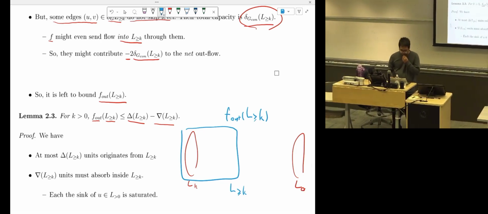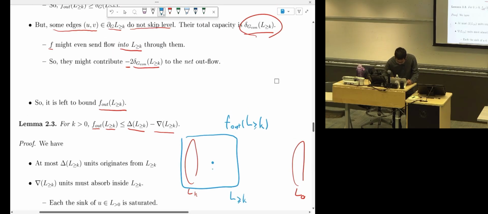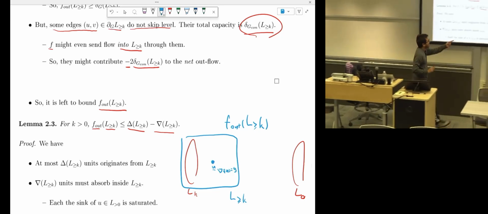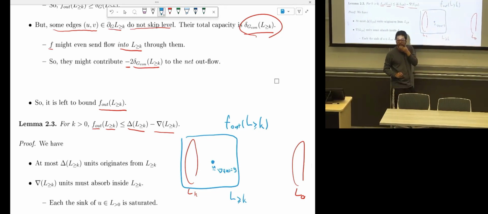Because if this node has sink capacity 5, I claim that if the node U is here, then there must already be 5 units of flow absorbed at U. It cannot be unsaturated. Why is that? Because if this sink is unsaturated, where should it be? Level 0.